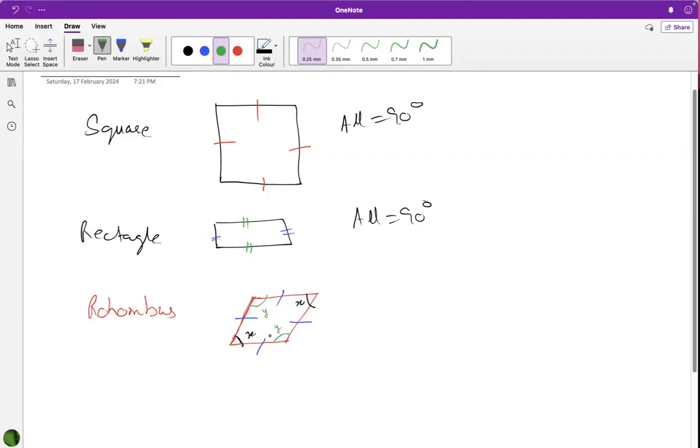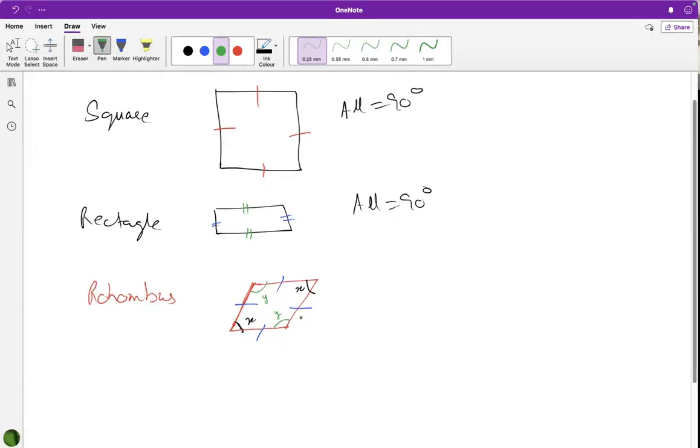That's a rhombus. We can also call it a tilted square. It's like a mix of a parallelogram and a square.